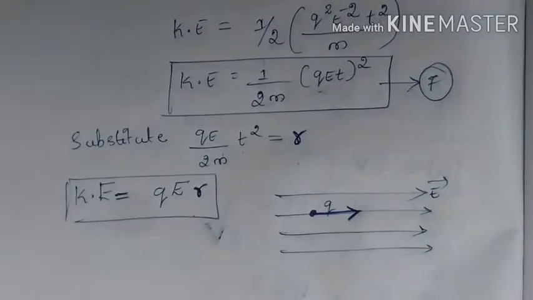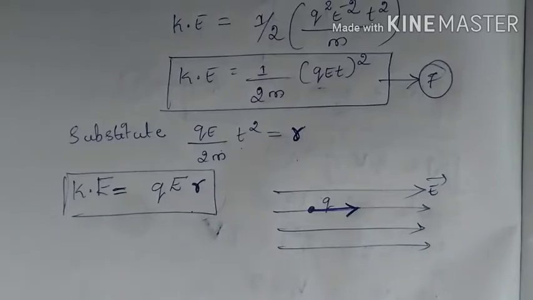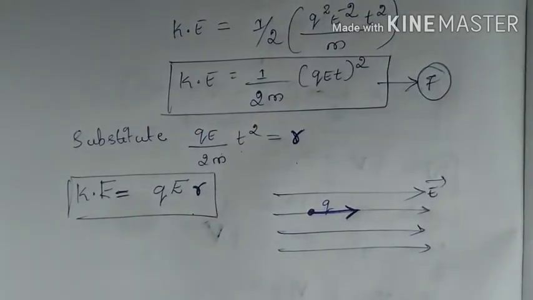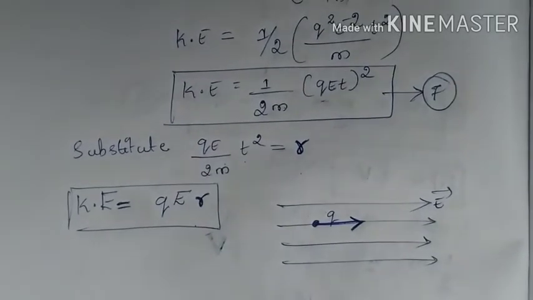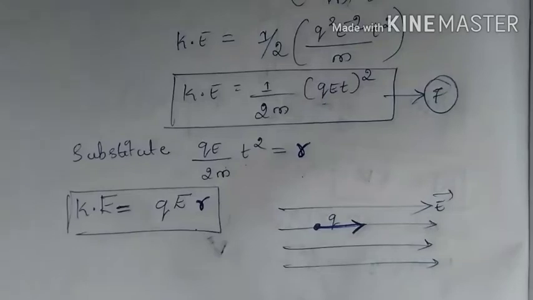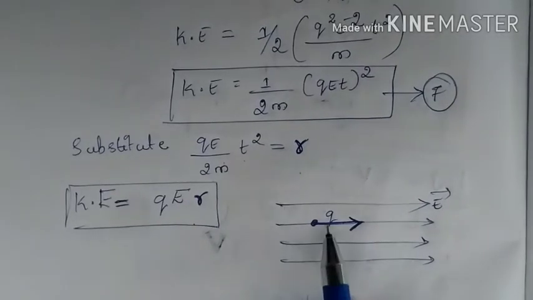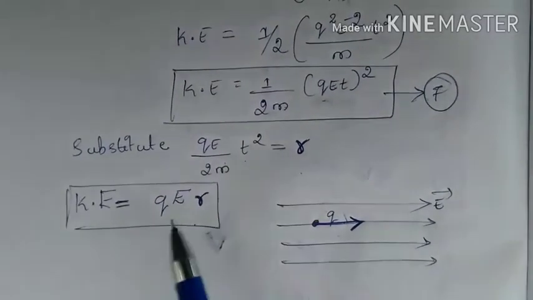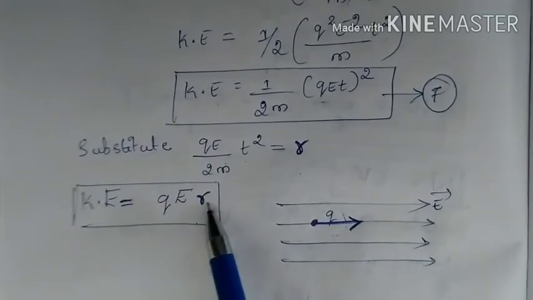If the charge is at rest, then there will be potential energy on the charge. Since we are keeping this charge in the uniform electric field, this field will have the energy. That energy will drag the charge in the direction of the electric field such that this charge will gain energy. That energy is equal to QER.